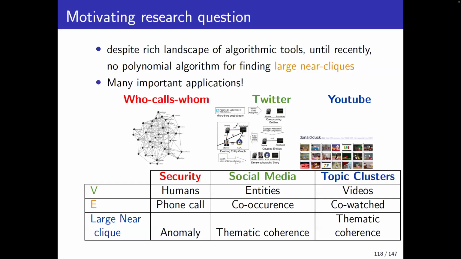Finding these large near cliques is also used for finding thematically coherent entities from Twitter. You can have tweets and create graphs from those tweets. Joanna was talking yesterday about how you can get data and create graphs. Once you have these graphs, you can try to do some algorithmic analysis.